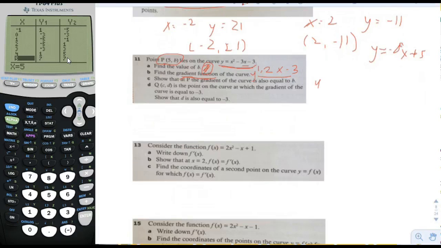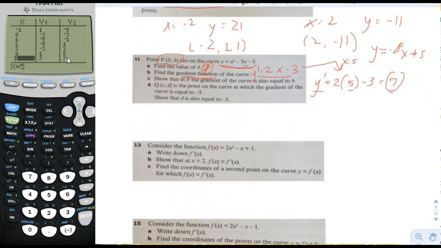So to show it, we would need to do that by hand. At the x coordinate of 5, we just substitute 5 into here. We get 2 times x minus 3, which is 2 times 5 minus 3, which is equal to 7. What do you know? So we've just proven that the gradient at x equals 5 is also equal to 7. The original function is also equal to 7.